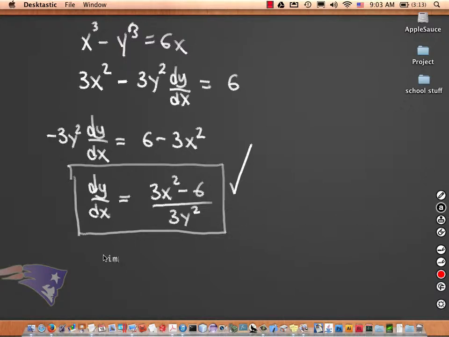So implicit differentiation is not a new differentiation. Which one was implicit? The one that we just did.